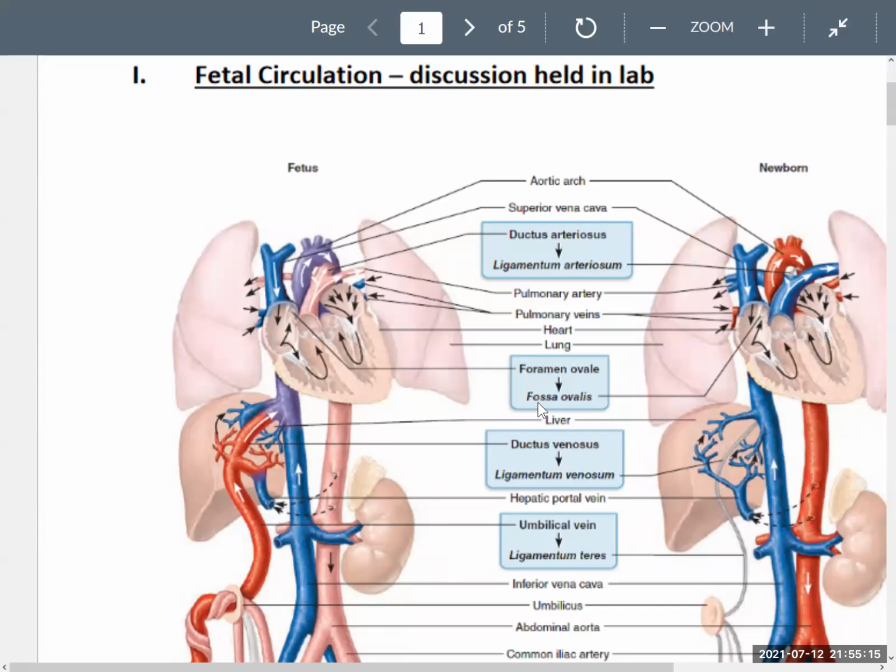In many of us, it's found the closure isn't perfect. In other words, it's an oval opening, foramen ovale, but it leaves a pinhole size passageway from one atria to the other, even as an adult.